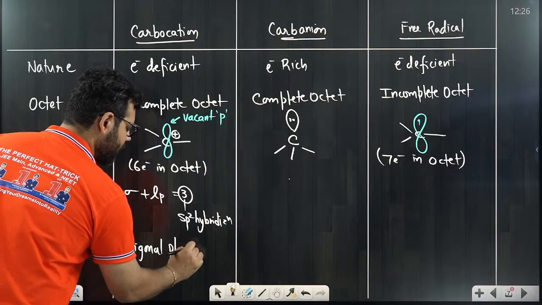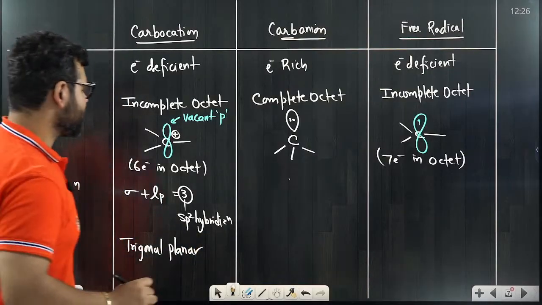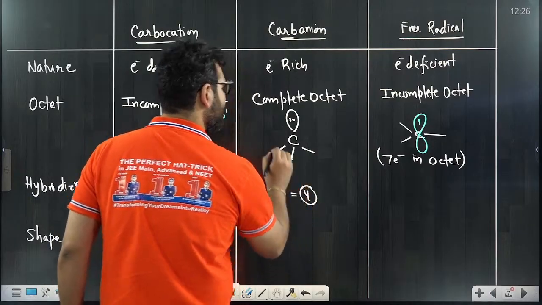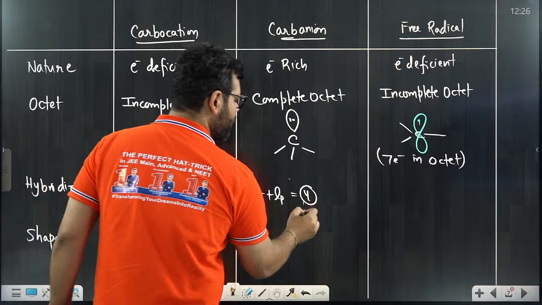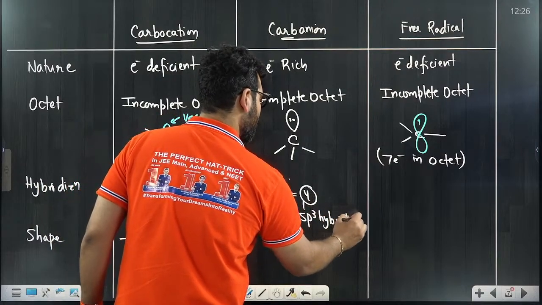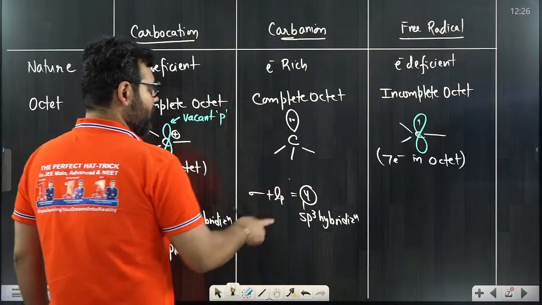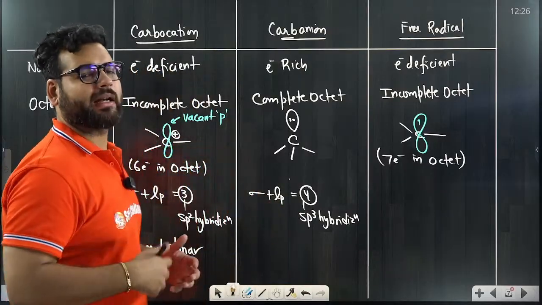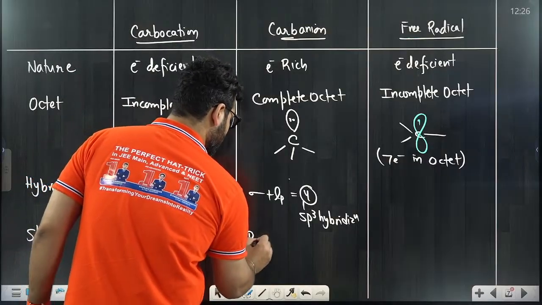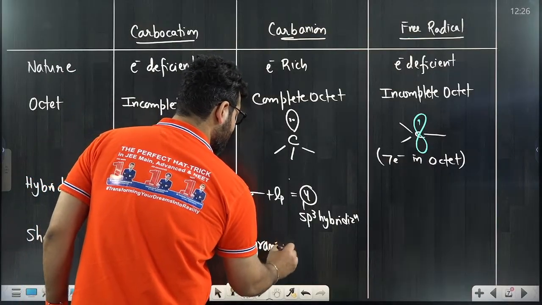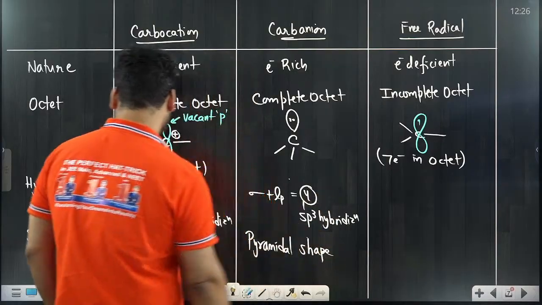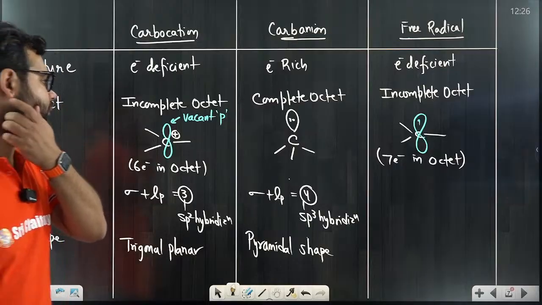For carbanion, sigma plus lone pair are 4: 3 sigma, 1 lone pair. 4 means sp3 hybridization. sp3 means it will become a tetrahedral shape or a pyramidal structure. I hope all of you know what I am talking about. I will not explain it here. So its shape is pyramidal.